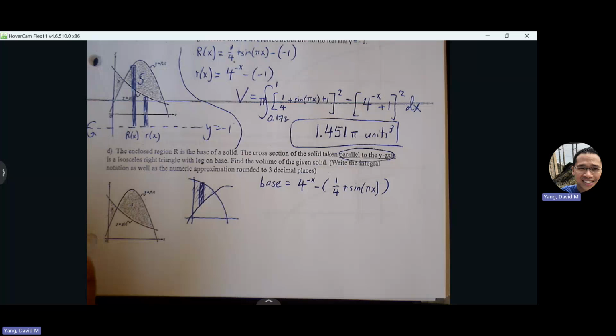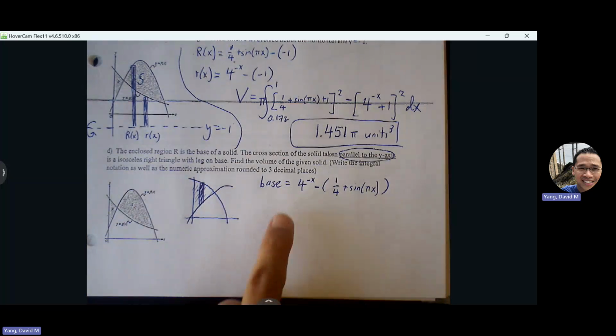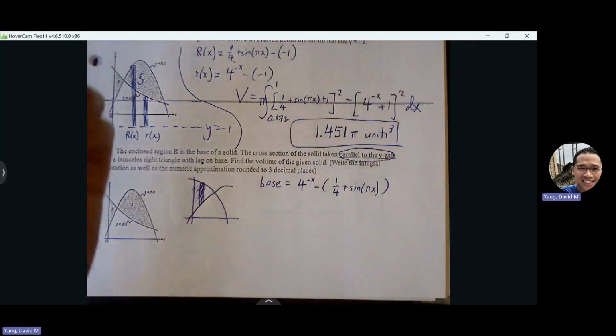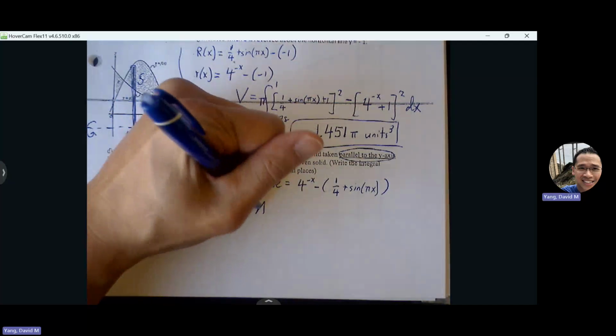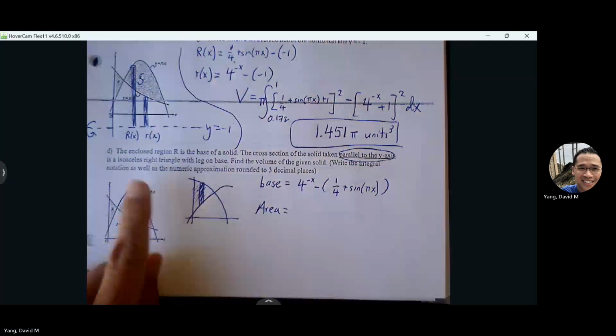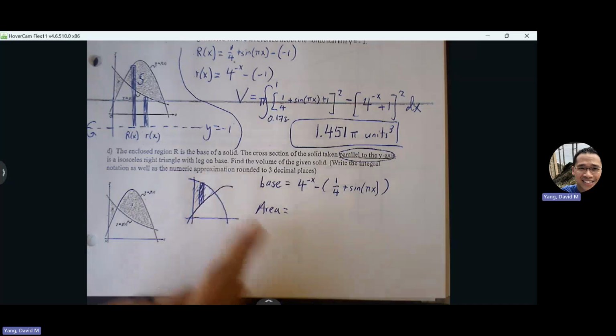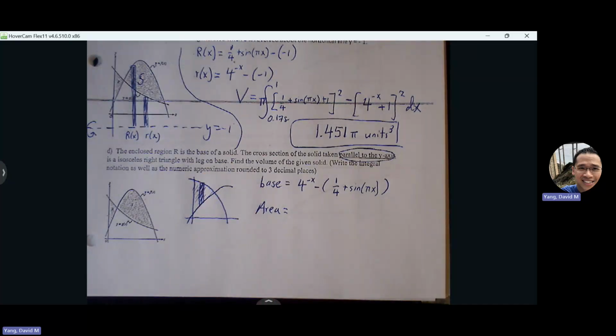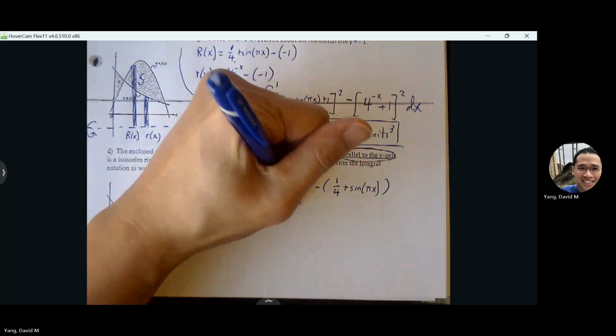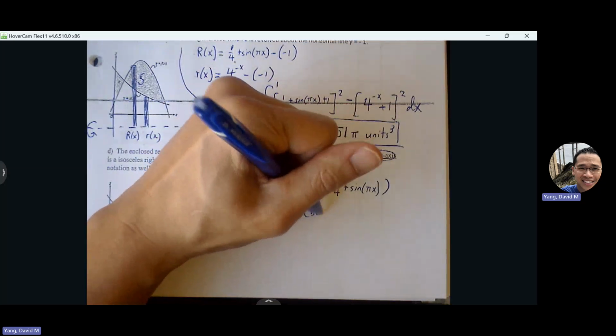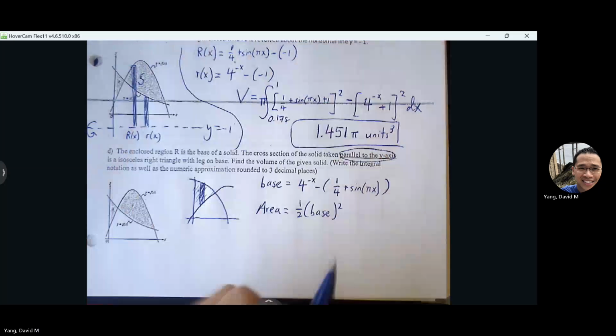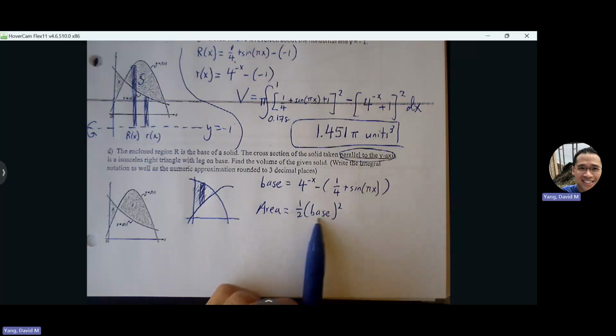So remember with cross section, you're building everything one dimension at a time. So we have our one-dimensional base length, which is this expression. And then moving on to our area, isosceles right triangle with leg on the base. We know all the formulas has a base squared, just have to worry about the difference in the coefficient. And the formula is 1/2 base squared. So we'll insert that into that base.